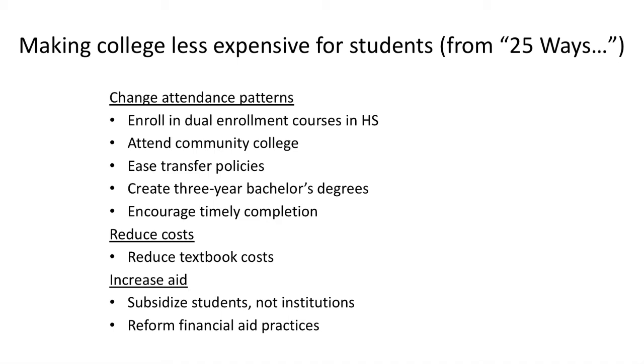Those are, first of all, about changing enrollment patterns. They talk about enrolling in dual enrollment courses in high school, which, by the way, Minnesota is really good at promoting. They talk about efforts to ask students to attend community colleges for a couple of years before they transfer to a 4-year college, and that is a definite savings to students.